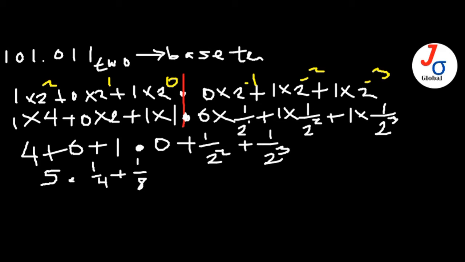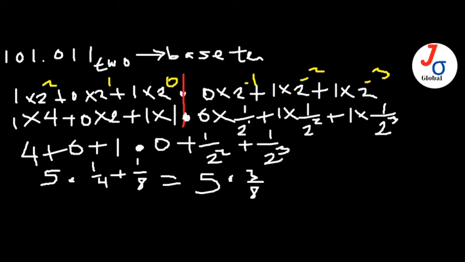So I could write my answer in two ways. Let me write this out: 1 over 4 plus 1 over 8, if you find the LCM, which is 8, we're going to have 3 over 8.